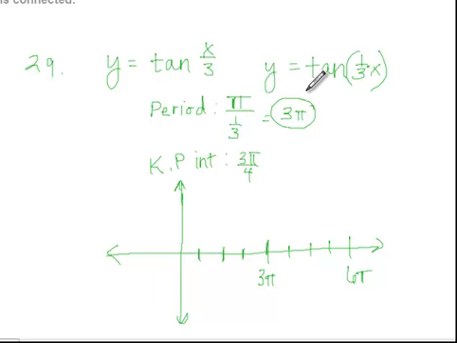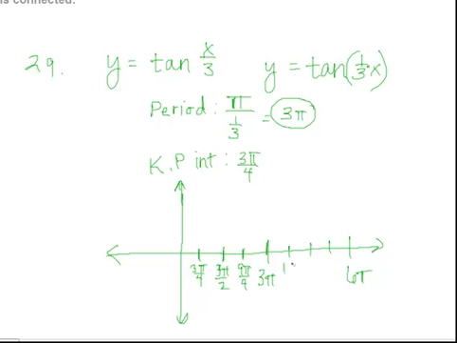So tangent, key points are going to be 3 pi fourths. This is 2 times 3 pi fourths, which would be 6 pi fourths. That would simplify. This is 3 times 3 pi fourths, so 9 pi fourths. This is 4 times 3 pi fourths, which would be 12 pi fourths, which you could simplify down to this.